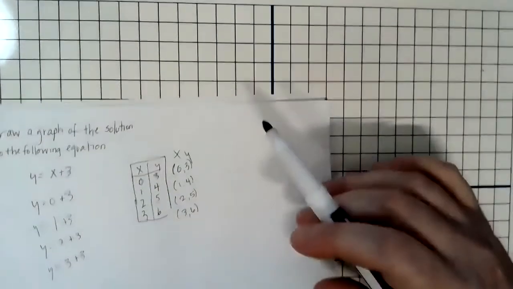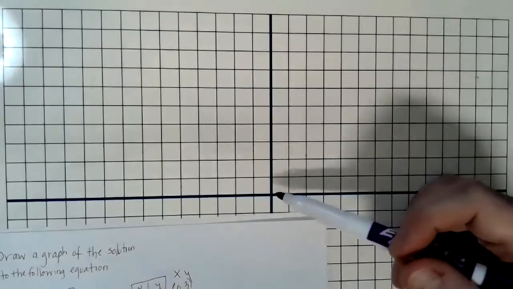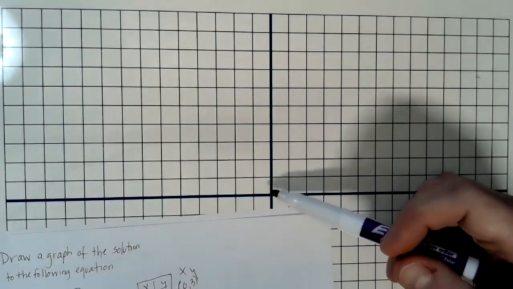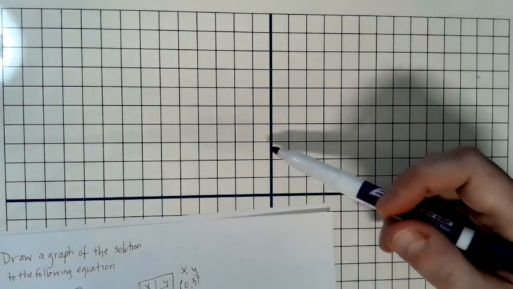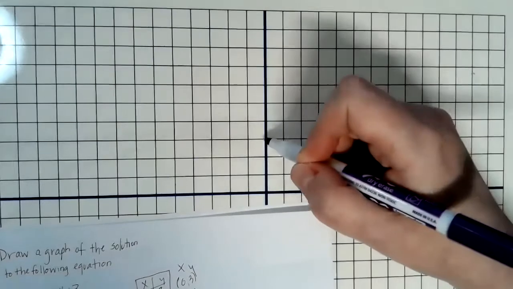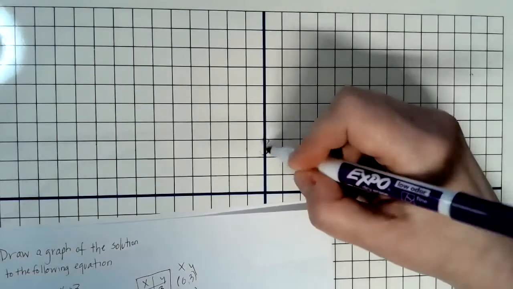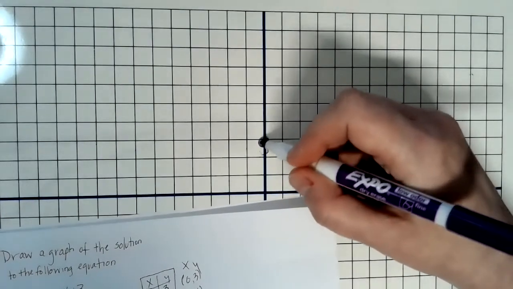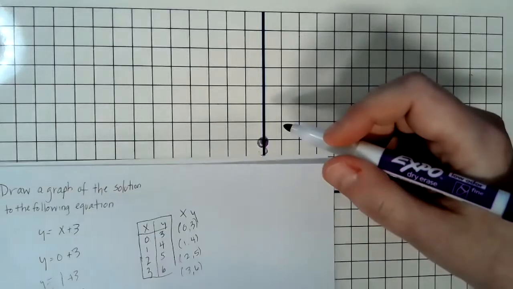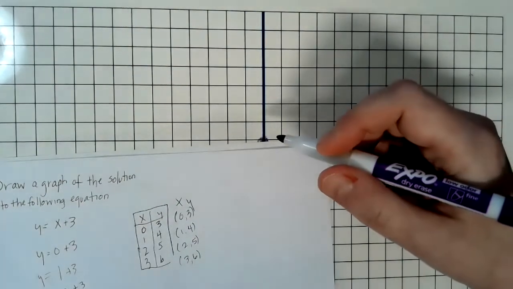All right, let's graph this. We have got 0, 3. So we're going to go to the 0 on the x line and up 3. 1, 2, 3 on y. So our first point is right here. Then we have 1 and 4.